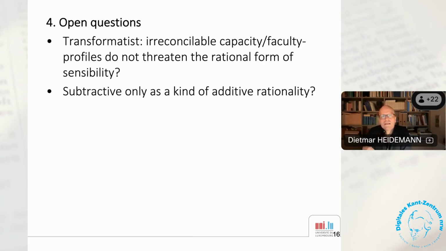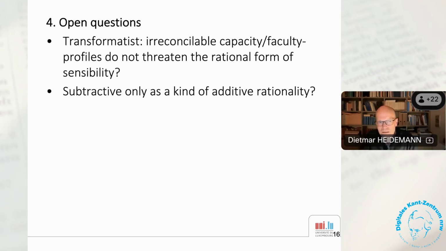The second question you might have is that, well, is the subtractive kind of rationality that I've proposed really an independent, a third independent proposal or theory, or is it rather a kind of specification of the additive conception? Here I'm open, I'm not quite sure. It's of course the case that also in a subtractive theory of rationality, sensibility and understanding can be distinguished in the same way as in additive theories.